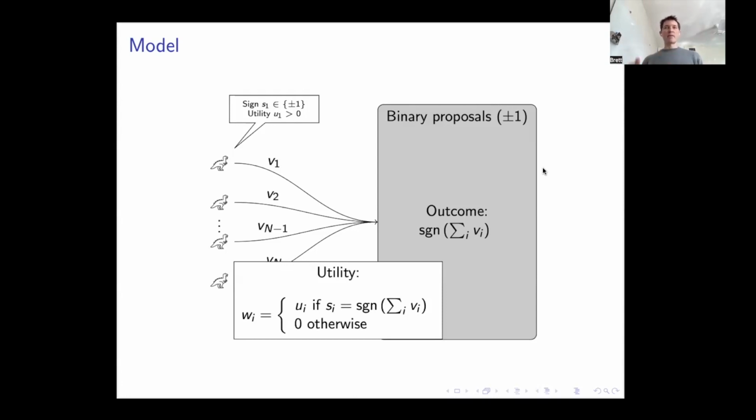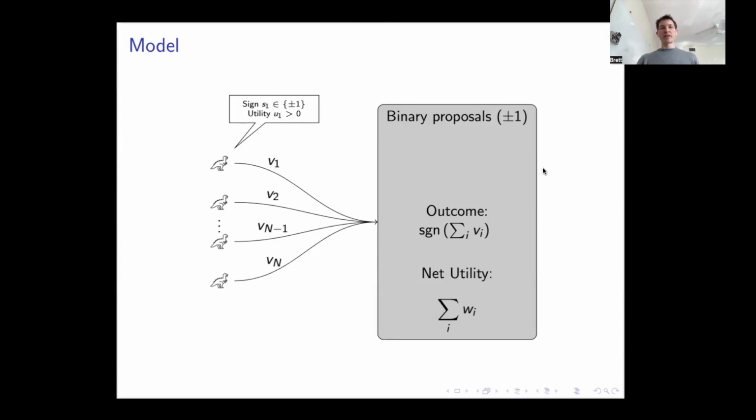And as I was saying before, we're going to focus mostly on the case where everybody is sort of incentive aligned, but maybe has bad information. And so then the net utility is the sum of these utilities, and we're going to focus on maximizing the net utility.